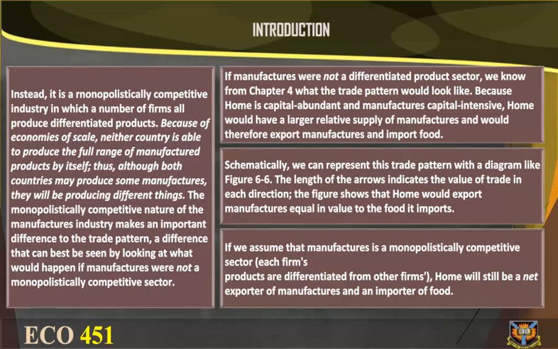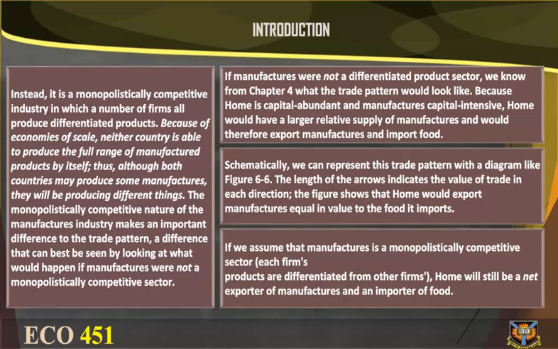If manufactures were not a differentiated product sector, we know from chapter 4 what the trade pattern would look like. Because home is capital abundant and manufactures capital intensive, home would have a large relative supply of manufactures and would therefore export manufactures and import food. Schematically, we can represent this trade pattern with a diagram like figure 6.6.